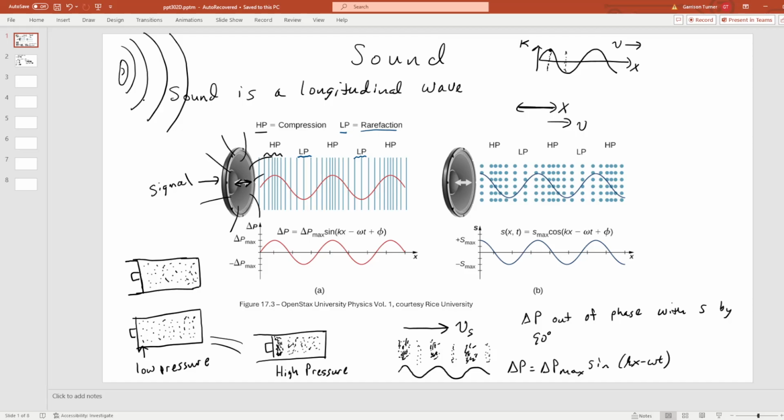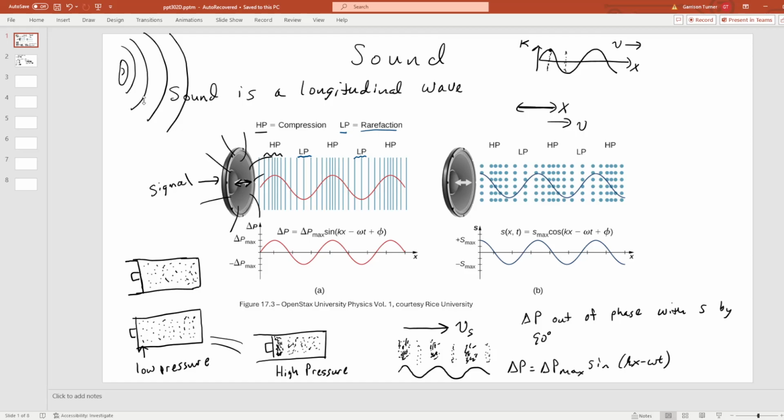That's one reason why you can get vertigo when you experience rapid elevation changes. But the bottom line is that sound is this longitudinal wave that is created by the compression and rarefaction of air.